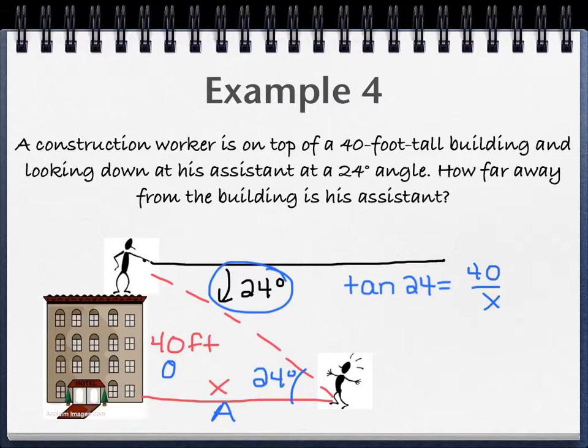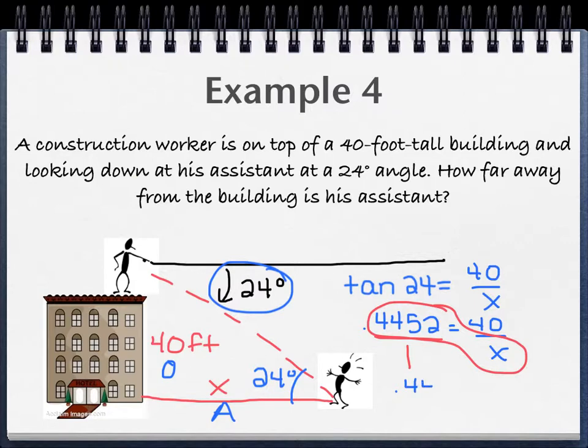Okay. From my calculator, tan of 24 is 0.4452 equals 40 over x. From here, I would put this over 1 and then cross multiply. So I would end up with 0.4452x equals 40.